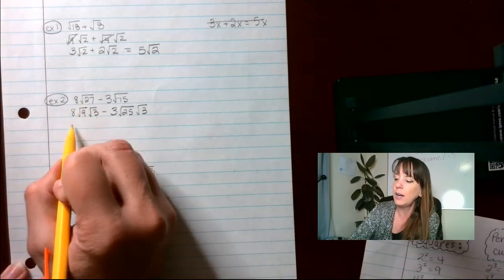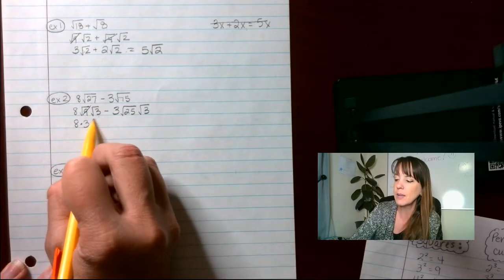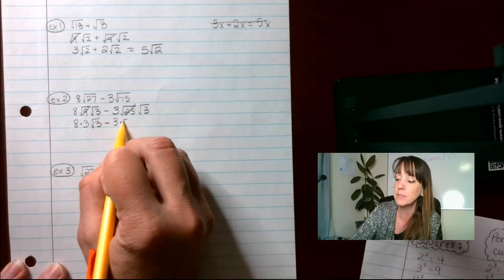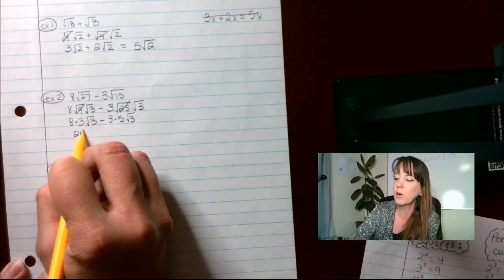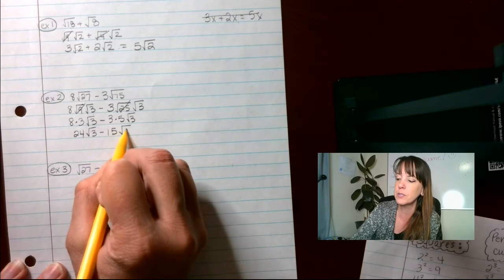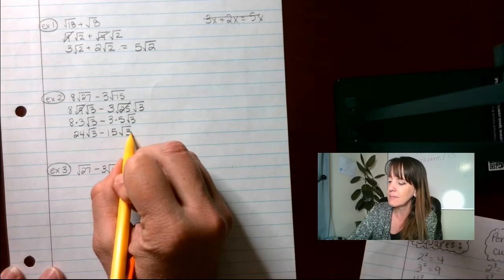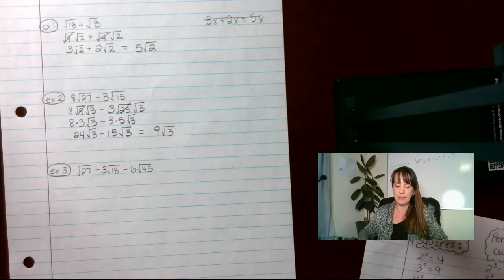So I have 8 times, and the square root of 9 is 3, and then root 3 minus 3 times the square root of 25 is 5. This guy is going to be 24 root 3 minus 15 root 3. So that's going to be 9 root 3. Excellent.